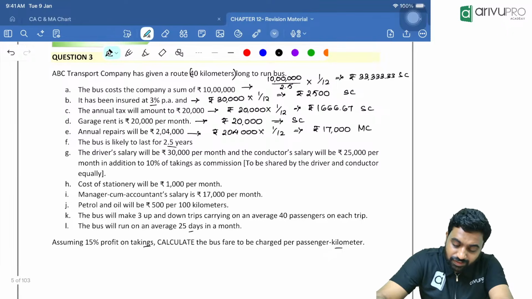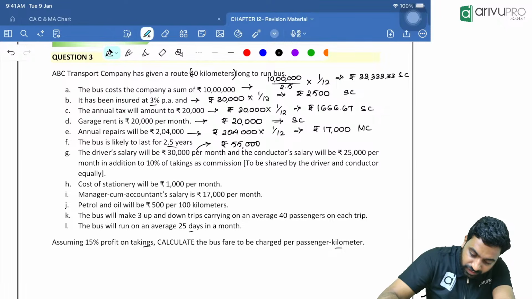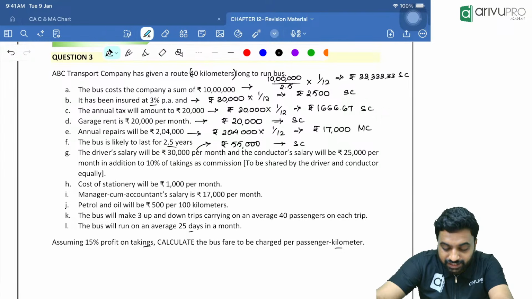Next, driver salary will be 30,000 per month. Conductor salary will be 25,000. Total guys, 55,000, which is standing charges. In addition, 10% of the takings, meaning the fare, how much we collect from customers. 10% of that we are taking to be shared by the driver and conductor equally.